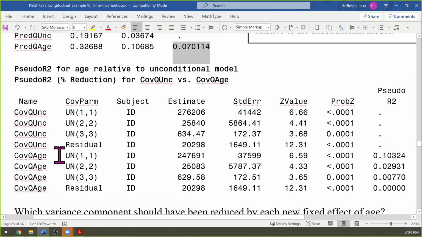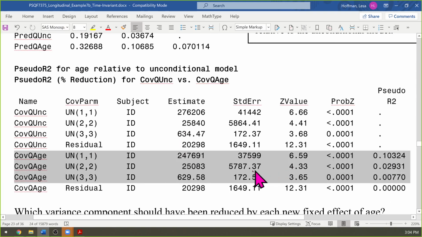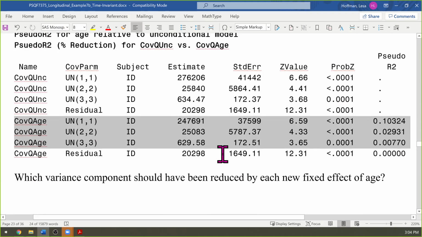We can also look at how age has changed each of the variance components. So UN11 went down about 10%. UN11 is my random intercept variance. So which of my three terms is responsible for that 10% decrease? Age by itself, age by time, or age by time squared?